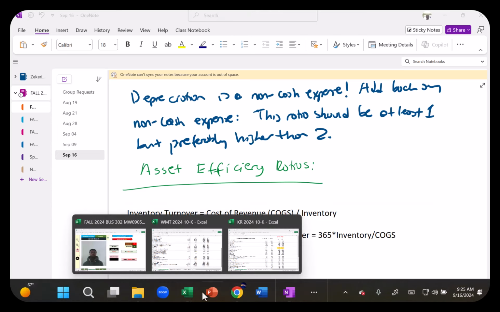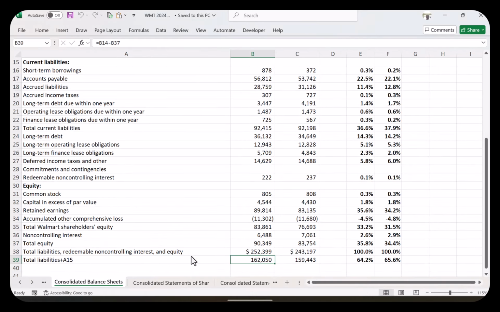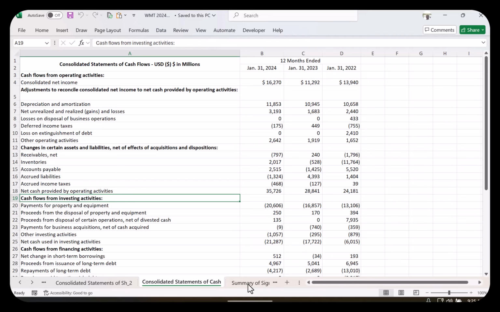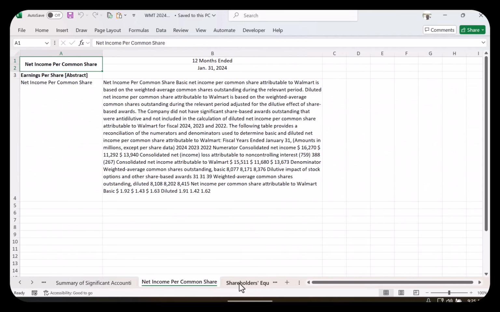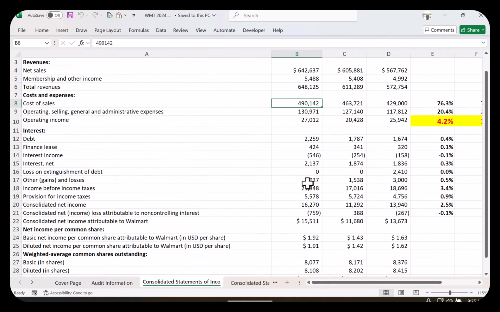Since I already have their financial statements. Where are they? Oops, that's Kroger's. Balance sheets. Oh, since we're doing their cost of sales is 490,142.